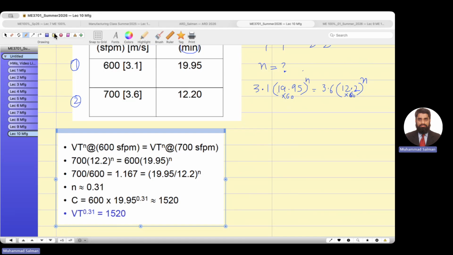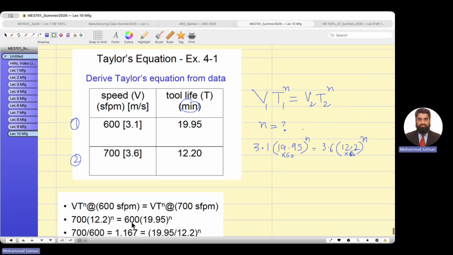So this is the equation which I was interested in. I think we have to use surface feet per minute.